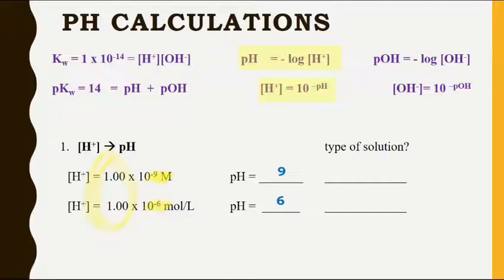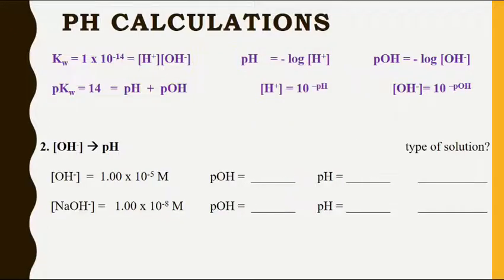So now I can use those pHs to tell that this first solution is a base because it is bigger than 7, and my second solution is an acid because that is less than 7. So pretty quick, no calculating involved. This next set, we still have some of those special numbers that are 1 times 10 to some power. So I'm still going to be using my exponent trick.